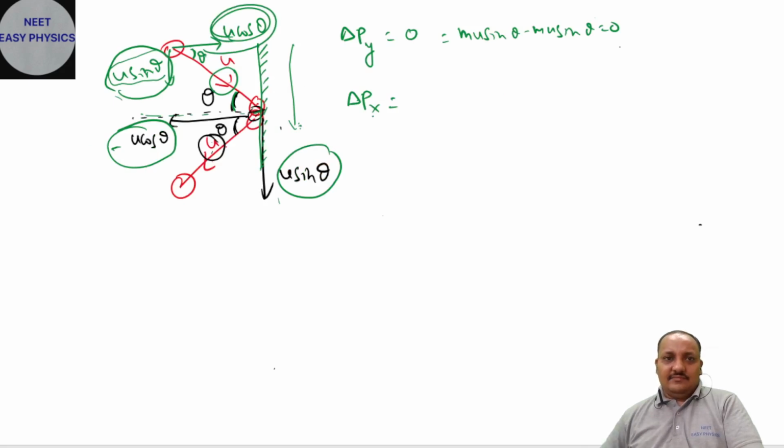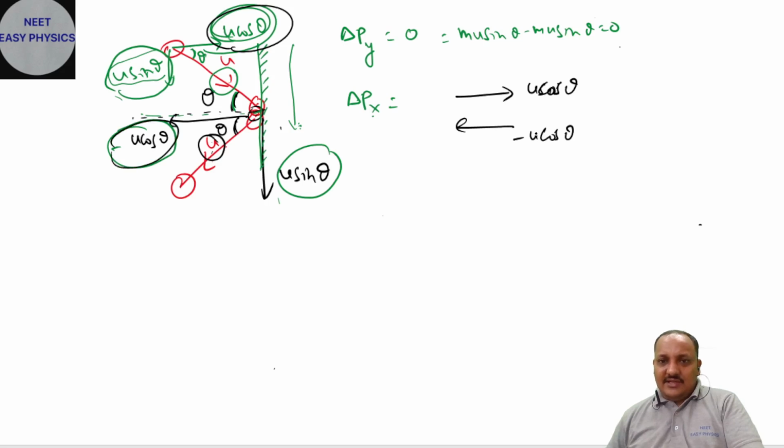So u cos theta is towards the wall, and minus u cos theta is away from the wall. u sin theta is along the wall, both in the same direction. So the normal components are equal and opposite. Therefore, the change in momentum is again minus 2mu cos theta. This is the change in momentum whenever theta is measured with the normal.